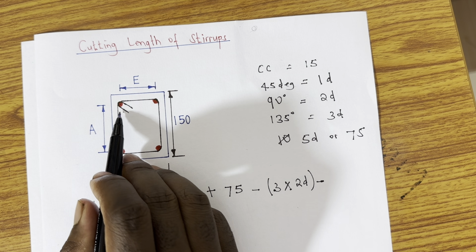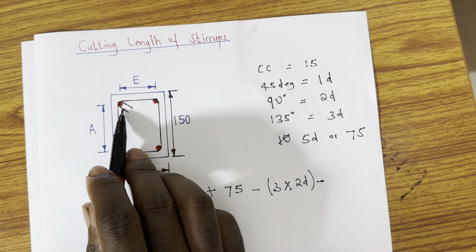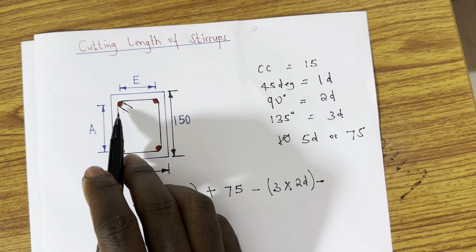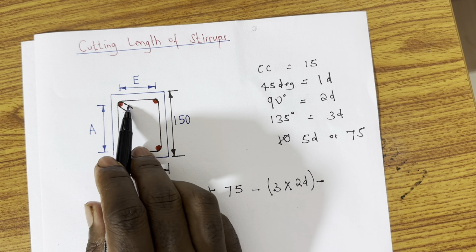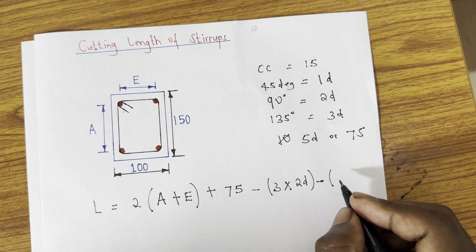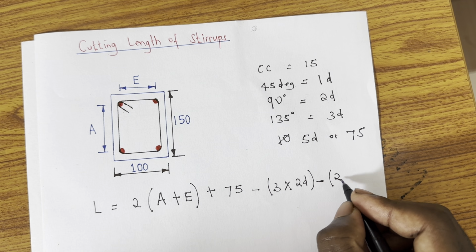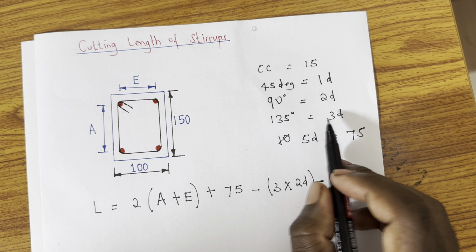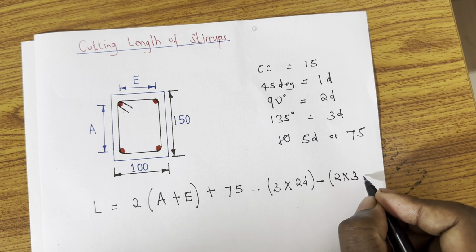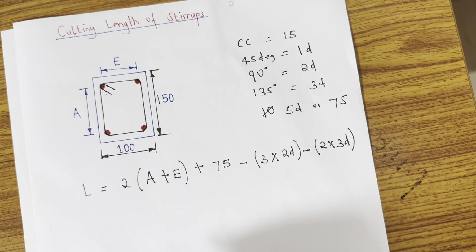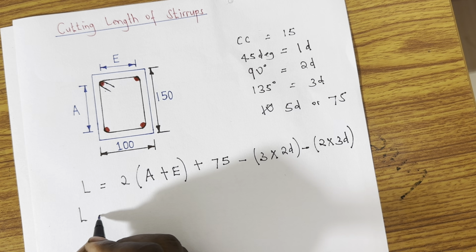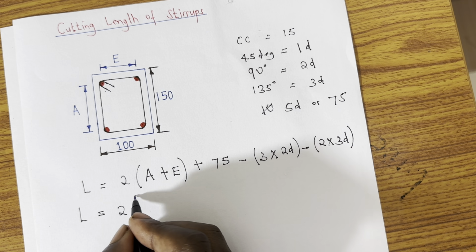This other bend is a 135-degree bend, where we have the hook. And there are 2, for this and for this. So that means for the 135-degree bend, there are 2, and each of them is 3D. This is the formula that will help you to calculate the cutting length of the stirrup.